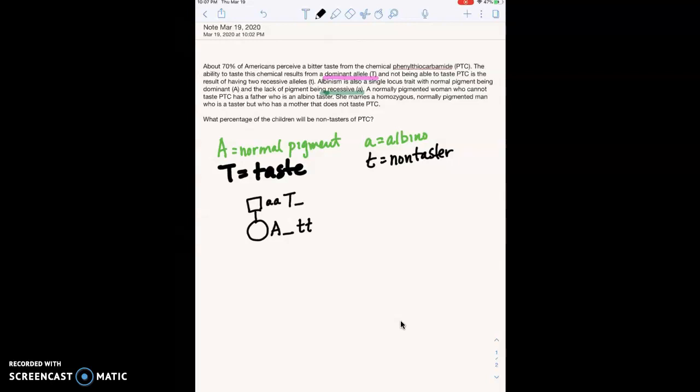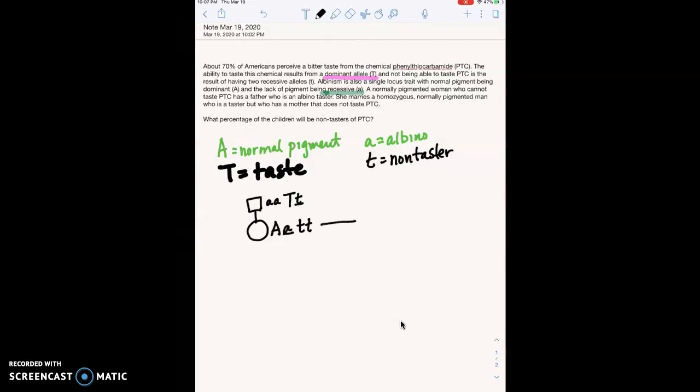But because he was the father, and she got the little t's, one little t from her dad, one little t from her mom, that meant that dad really had a little t there. Okay, the woman also had one big A, but she had to get something from her dad. The only thing that her dad could give her is a little a. So then that's what we know about this woman.